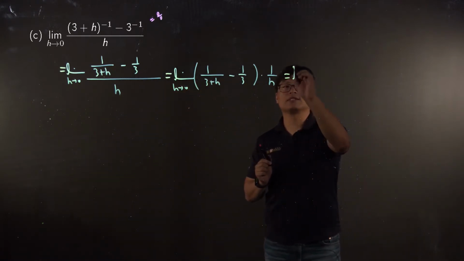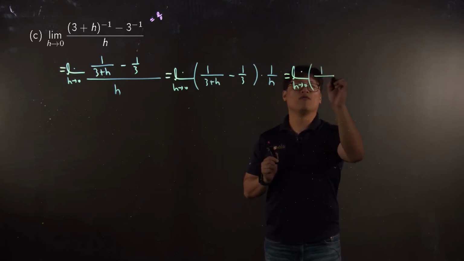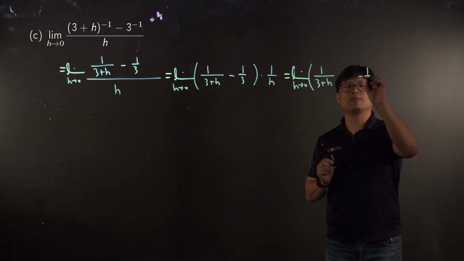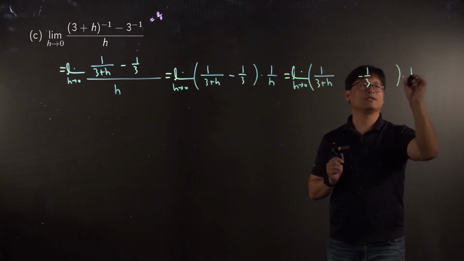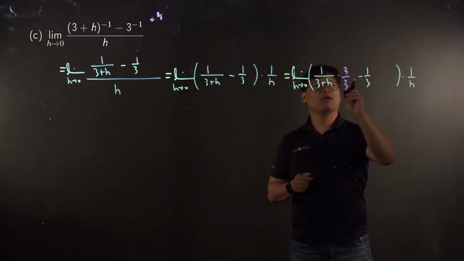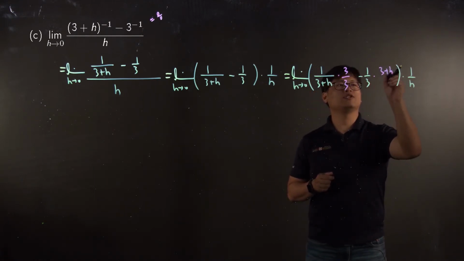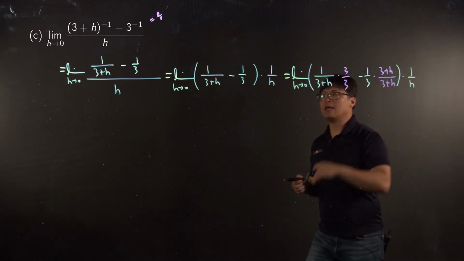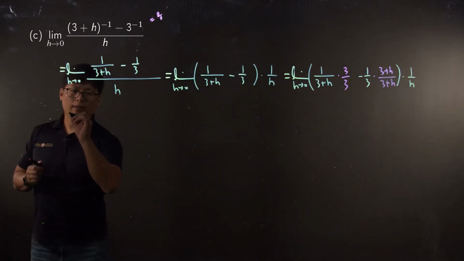Let me rewrite this guy: h goes to 0, 1 over 3 plus h minus 1 over 3. Let me keep the space because we have to multiply something. We will multiply 3 over 3 here and 3 plus h over 3 plus h here. Then we're going to have the same denominator. Let me rewrite here.